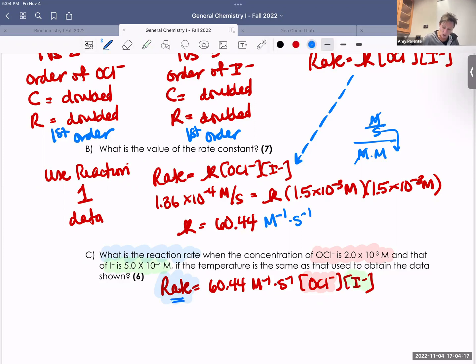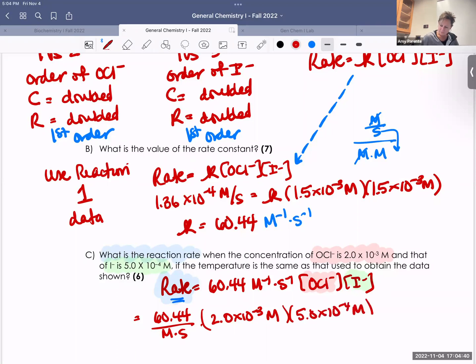Okay. And we'll notice that we're going to get the right units here for rate, but let's just go ahead and check. We've got 60.44, and I'm just going to put molar and second in my denominator there. And I'm going to multiply by 2.0 times 10 to the minus third molar. Then 5 times 10 to the minus fourth molar.